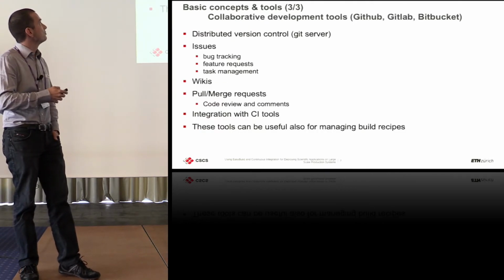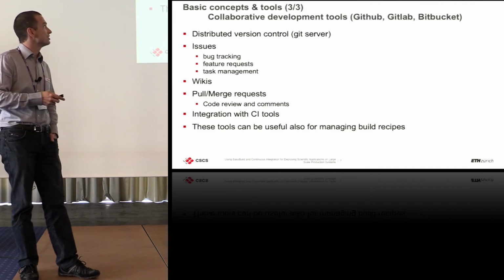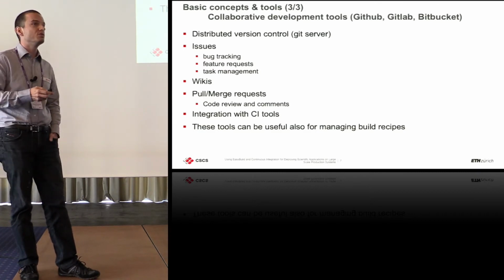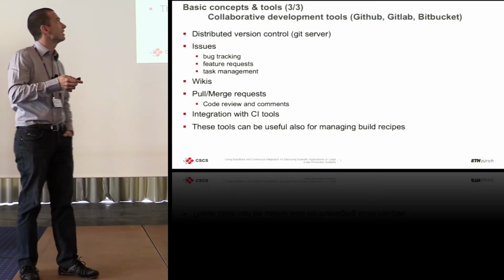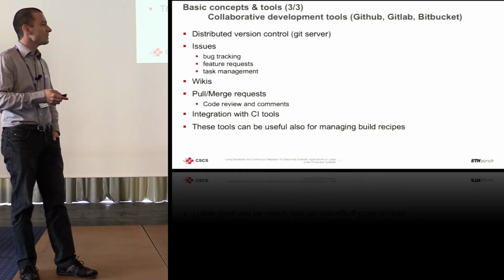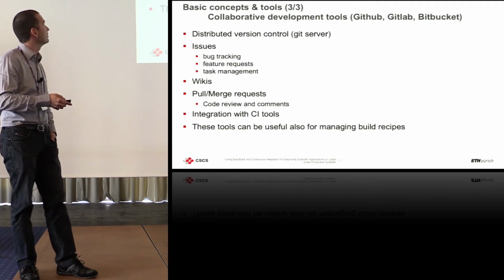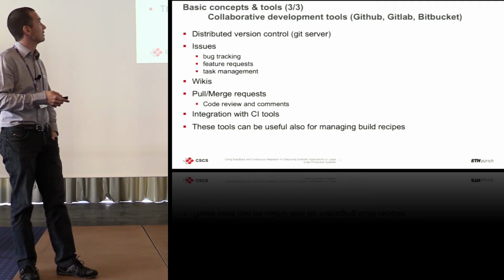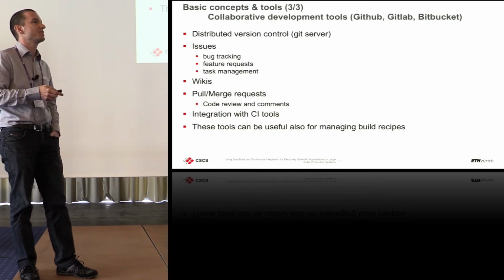The third part of the concepts is the collaborative development tools. What is the advantage of using this kind of tools also for deployment? Most people here, I think, know GitHub already, and it's mostly used for development of software, but it can be readily applied also for deployment. So we have a distributed versioning system, so you have revision control of your recipes.